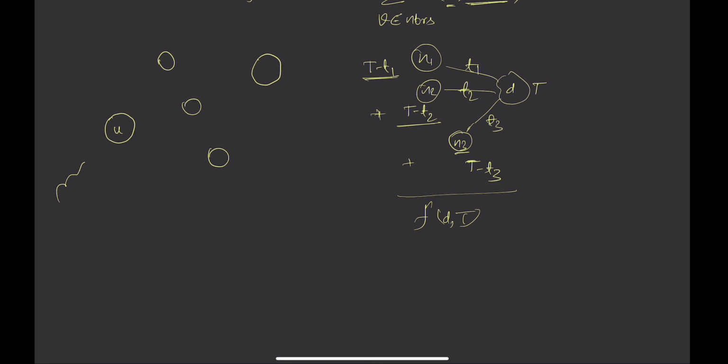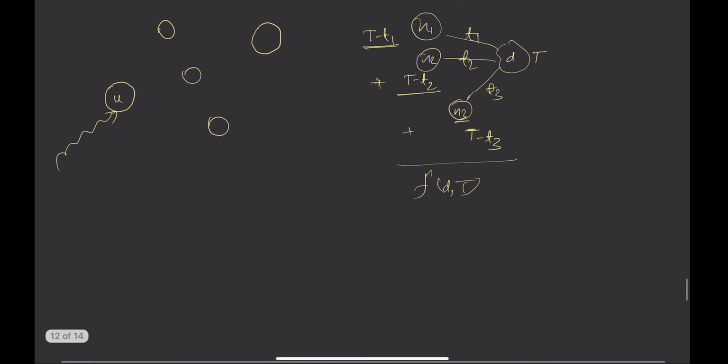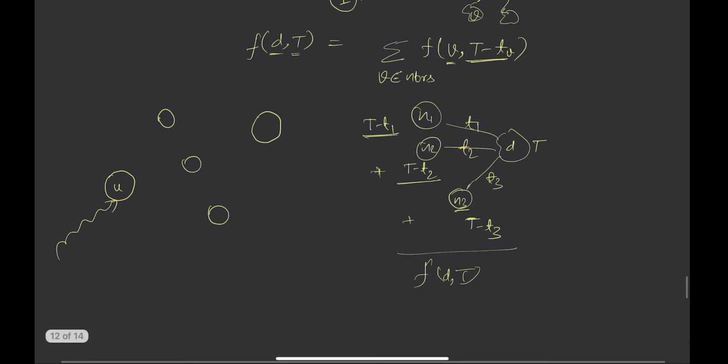From the source I reached u, and from these nodes I am going to this v, and v is somehow going to the destination node.